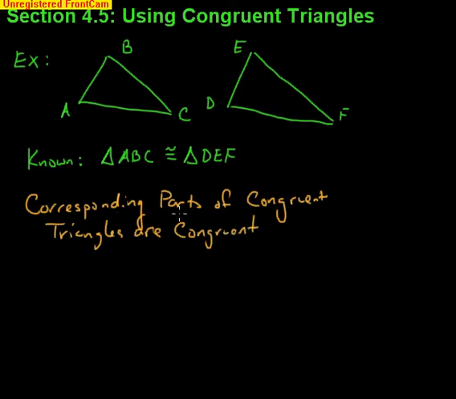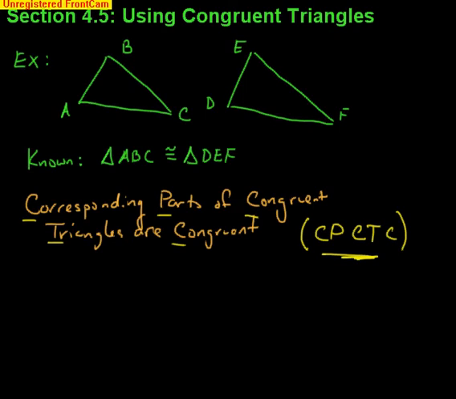This acronym CPCTC, corresponding, oh, sorry, I didn't even say the acronym right. CPCTC. Corresponding parts of congruent triangles are congruent. Very important. So what does that mean from the picture above?